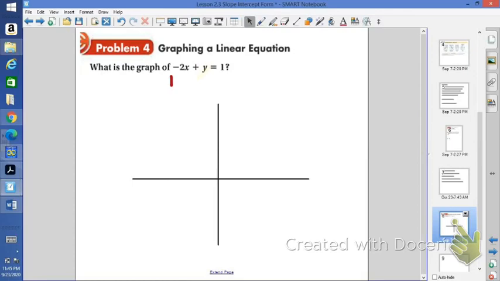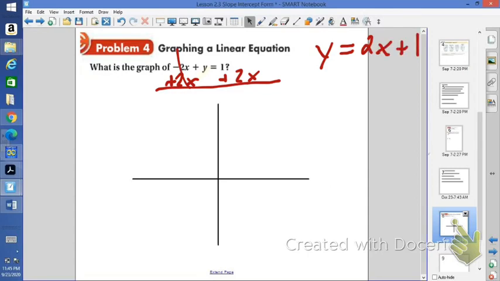To move it, we're going to use inverse operations and add 2x to both sides. So that cancels, and we're going to be left with y equals 2x plus 1. Okay, we're good because this is now in slope-intercept form.